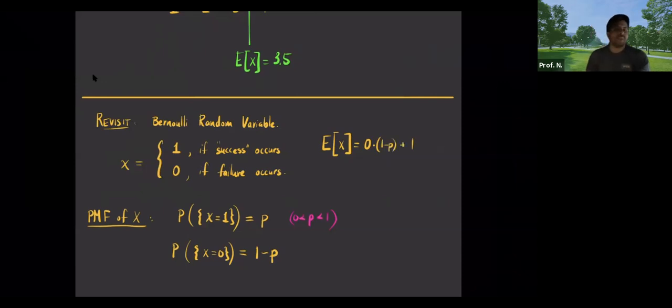And I have to add that to the probability of me getting a 1, which is p. So the expected value of a Bernoulli random variable is simply p, which is the probability of getting a success. That's as simple as we can get. A Bernoulli random variable is as simple as we can get in terms of discrete random variables.